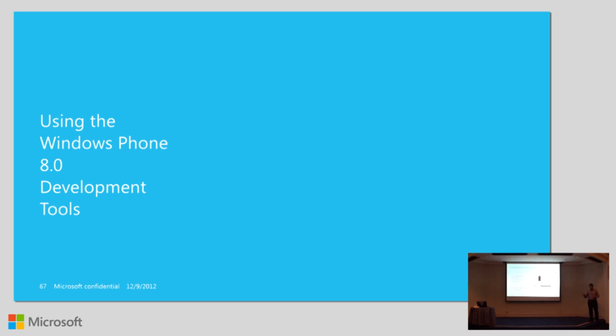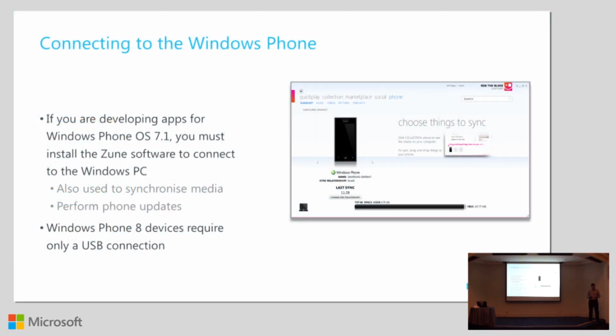Now, as I mentioned to you, for you to test your application on the device, you need to unlock the device, right? If you're using 7.5 applications, then you will need the Zune software to hook up your device. If you are having 8.0 devices, then you only need a USB connection. You do not need the Zune software.